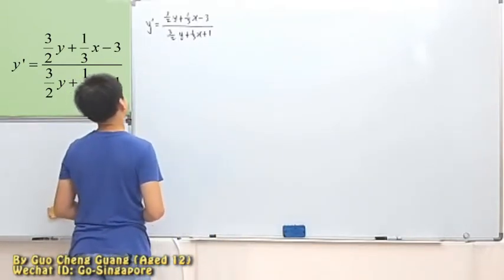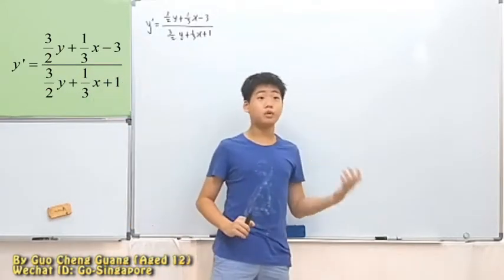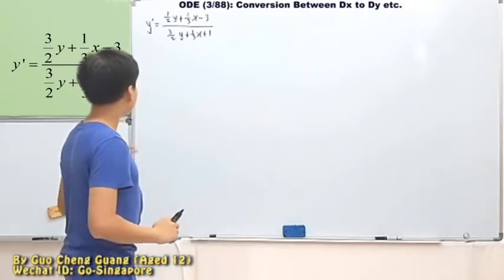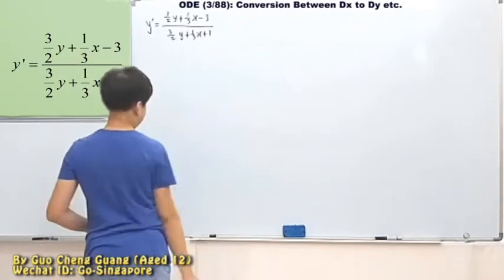Of course, the first method we can think of is variable substitution, and I'm going to use that. But what did you realize about this?